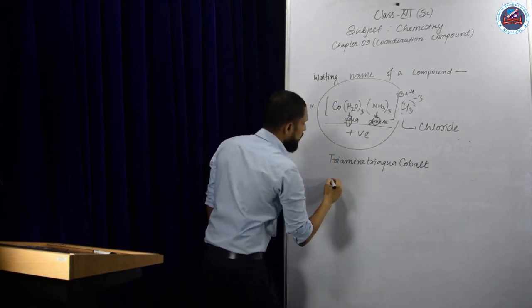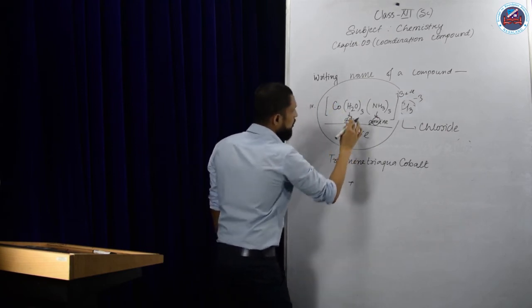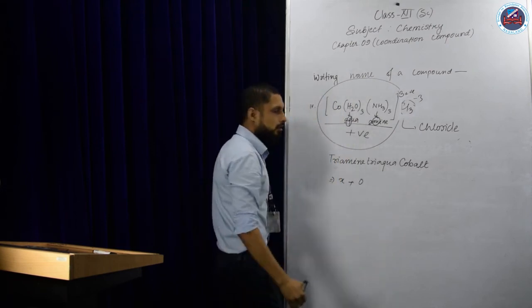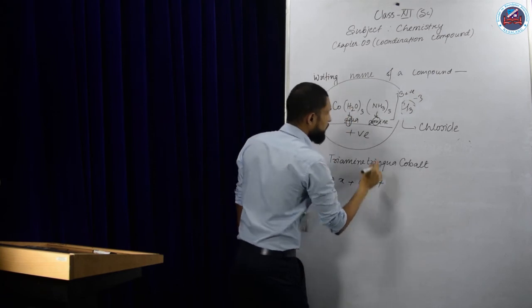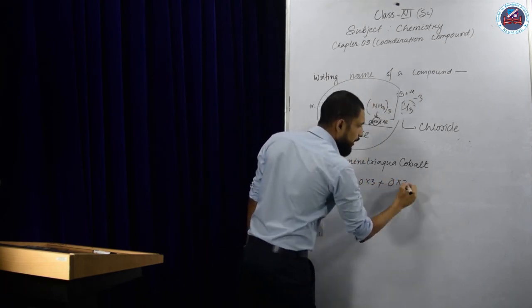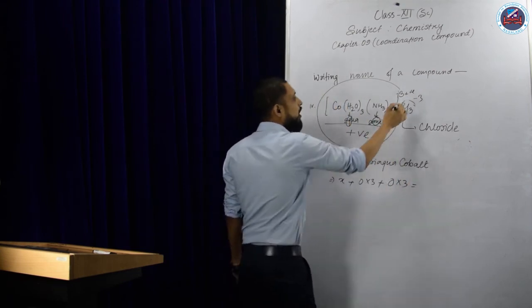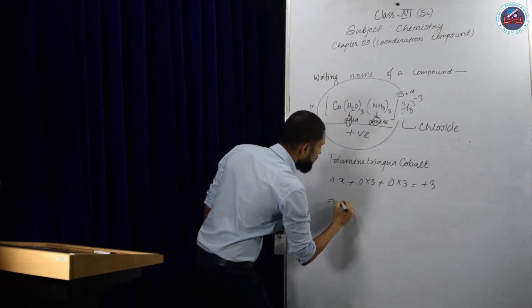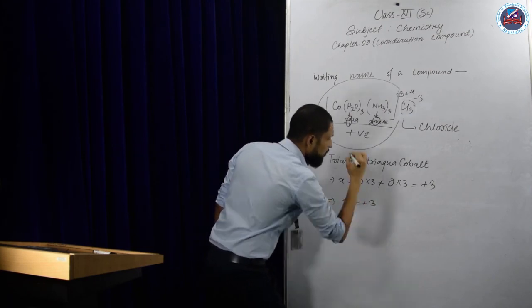So let the oxidation number of cobalt be X. H2O is the neutral ligand, 0 multiplied by 3. Again NH3 is neutral ligand, 0 multiplied by 3 is equal to the charge of the complex, that is +3. So if you solve this, you will get X equal to +3.